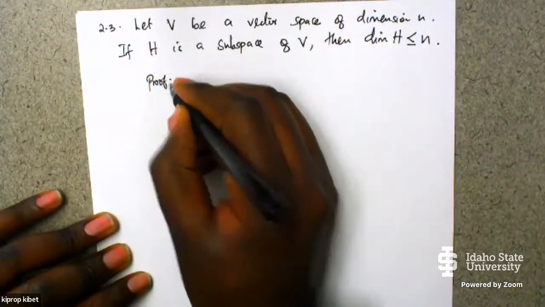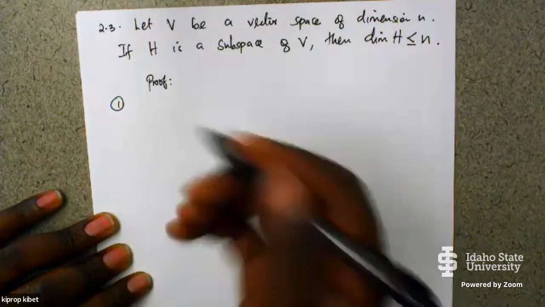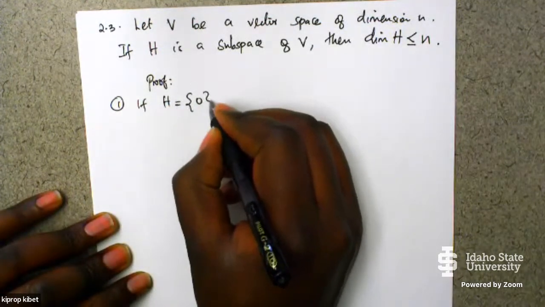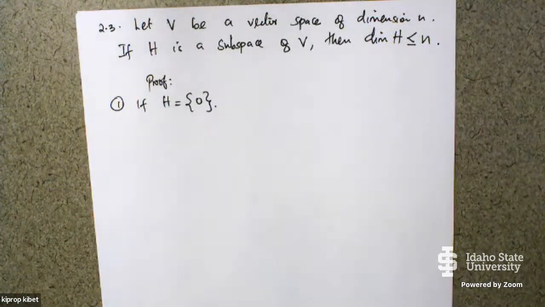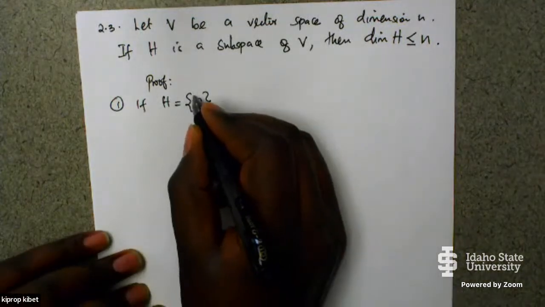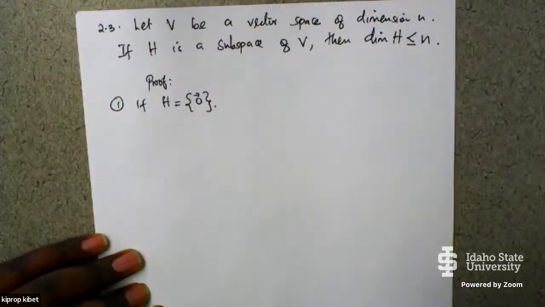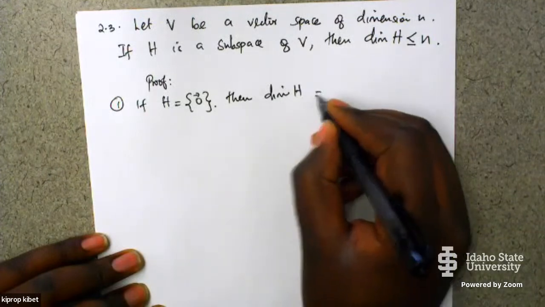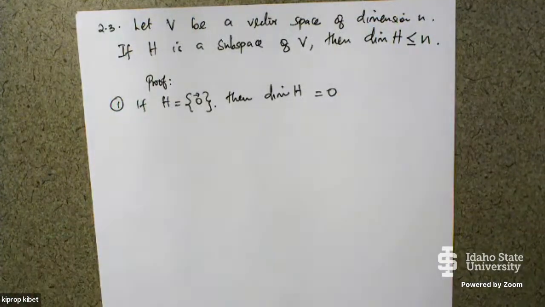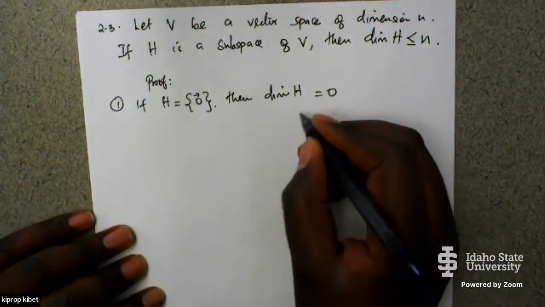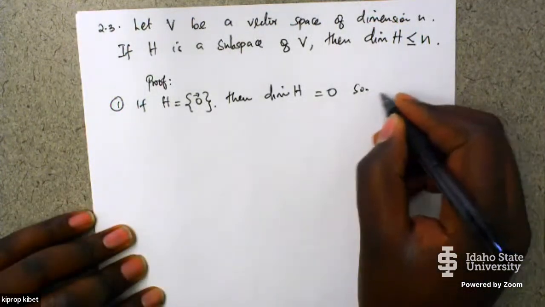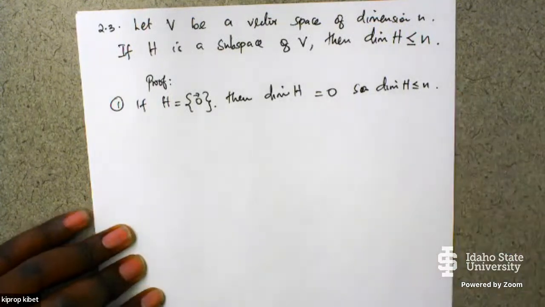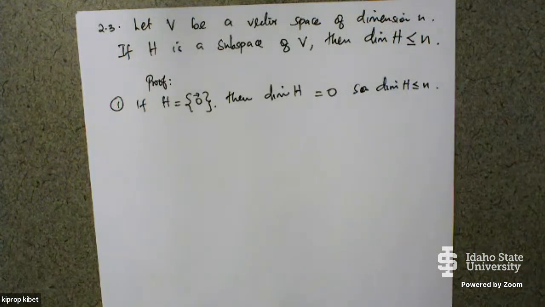We can prove that if H has 0 vectors, then dimension of H in this case is equals to what? It's equals to 0. So dimension of H is less or equals to n.